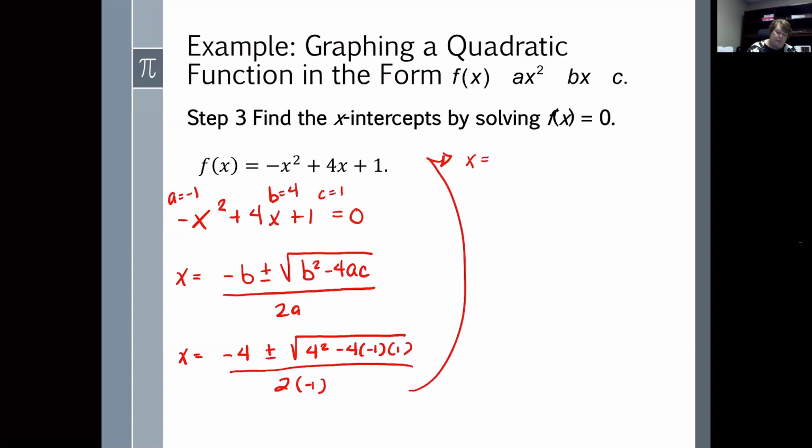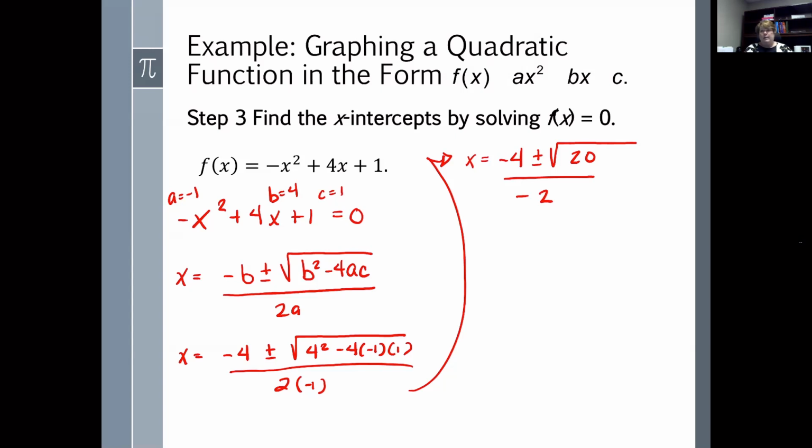So x equals -4 plus or minus the square root of 16 plus 4, that would be 20, over -2. And that's going to be some irrational number.